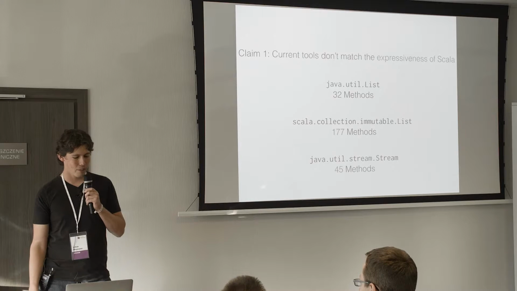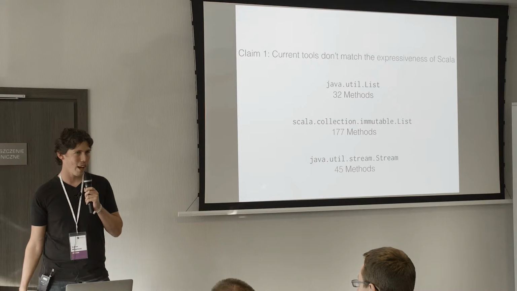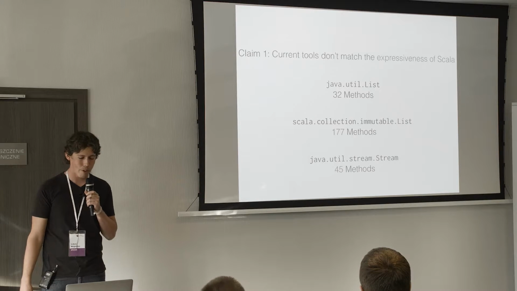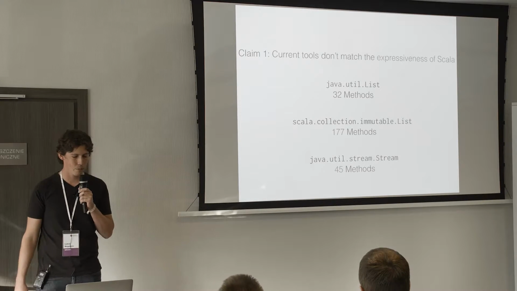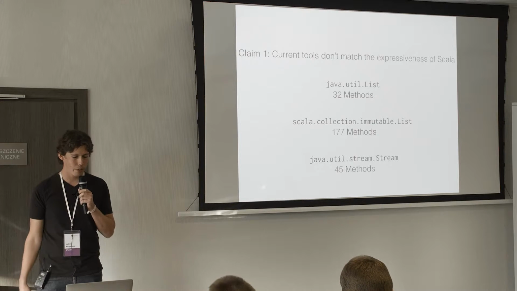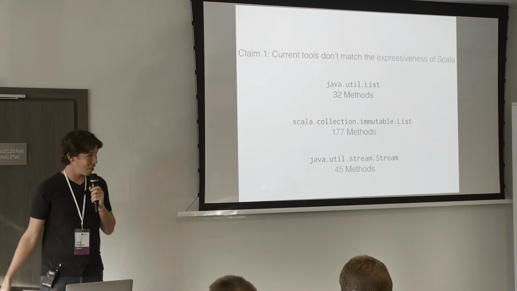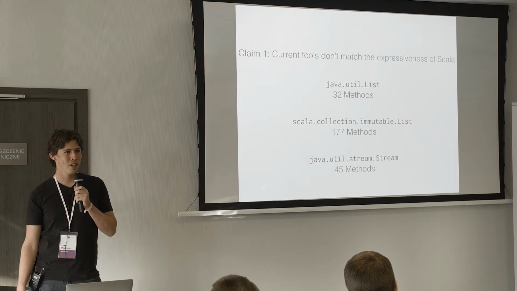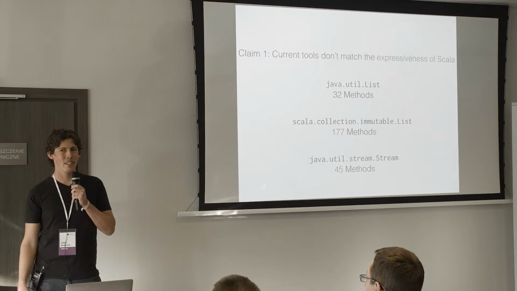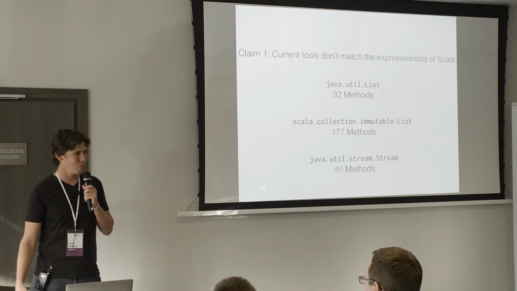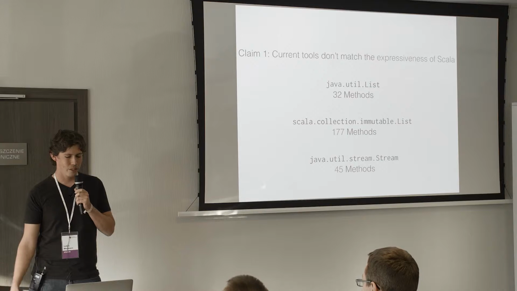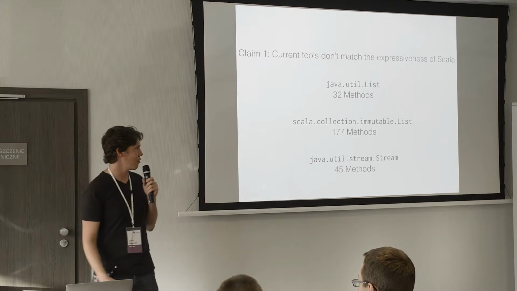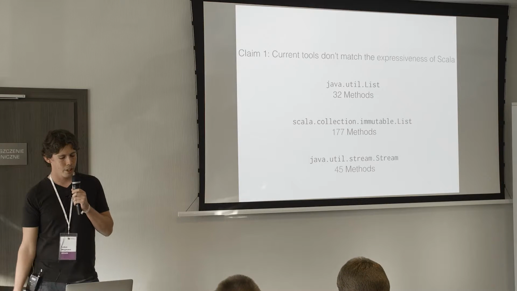Java util list, with this imperative style of coding, defines 32 methods to modify the list and make queries on it. And Scala collection list has 177 methods defined. So you need something more than a code recommender to find what methods from this you need.